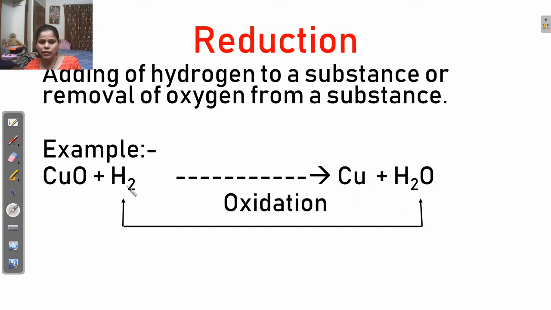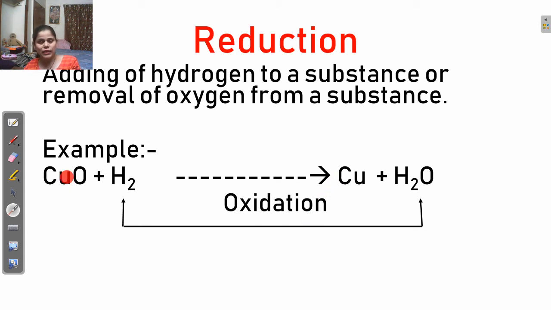In the right hand side the hydrogen combines with oxygen, and when oxygen combines with any atom, we call this process oxidation. And here CuO, copper oxide, and in the right hand side you can see copper is alone.